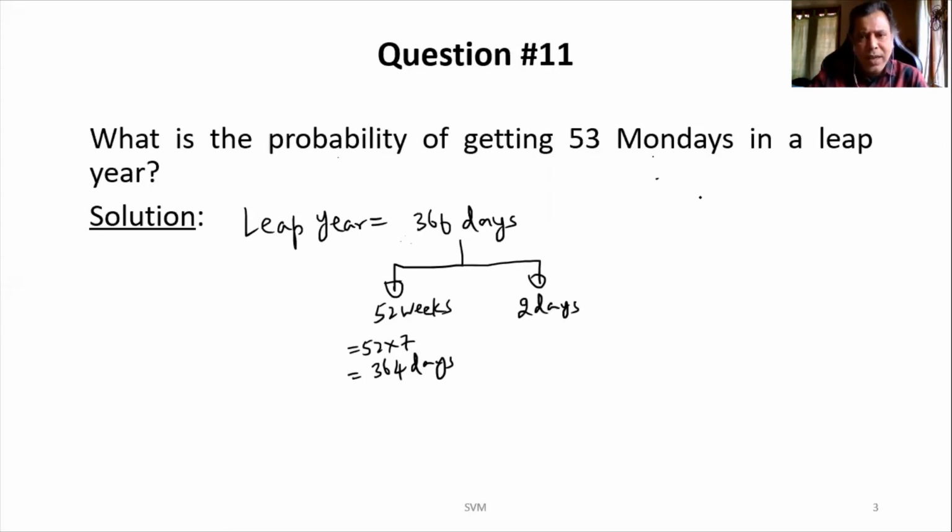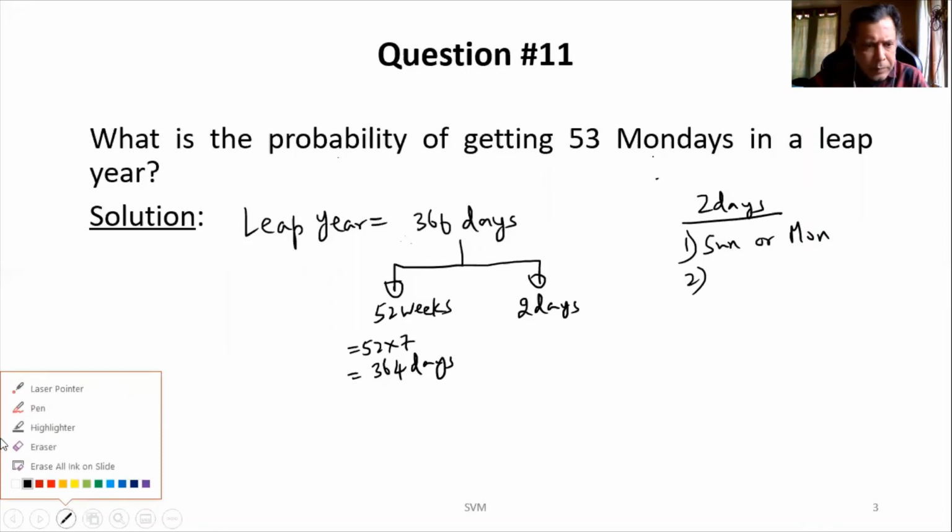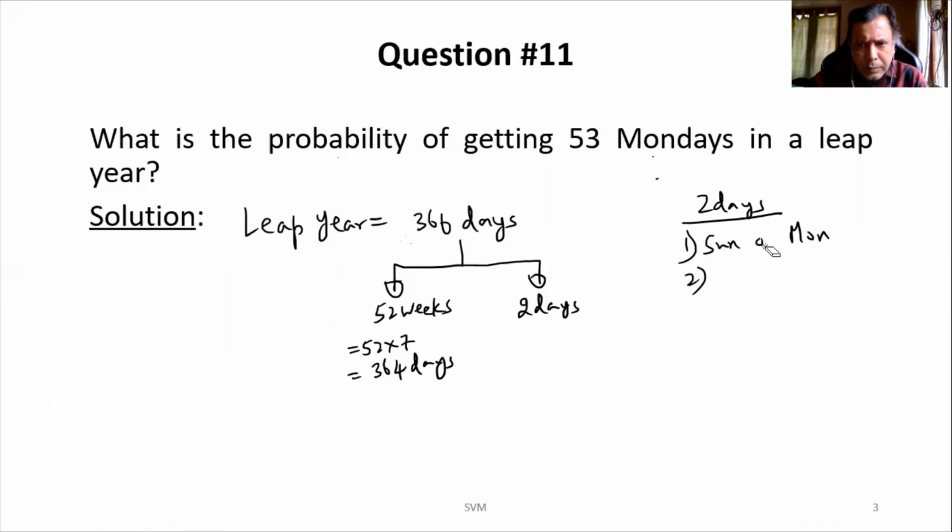How can these 2 days be split? First option is it can be either a Sunday and a Monday, I'm sorry, not or here, here I should write and. So here I write and, here I will write or.